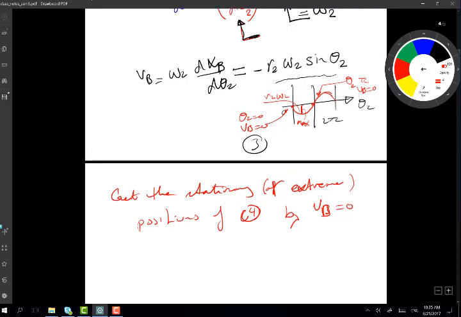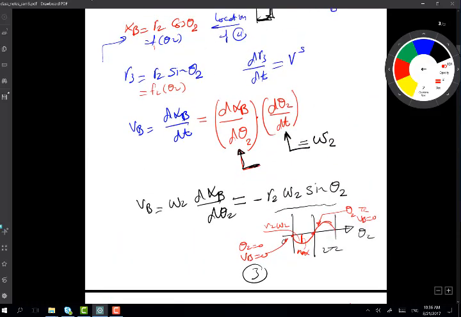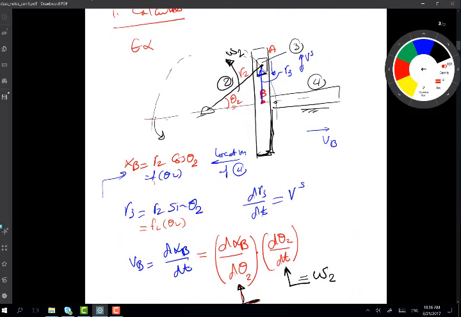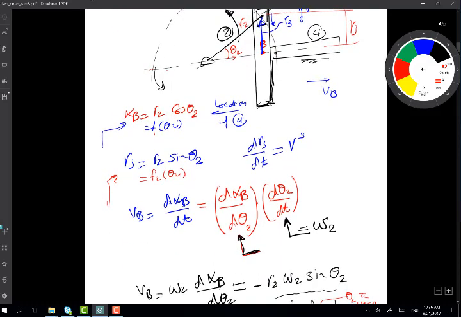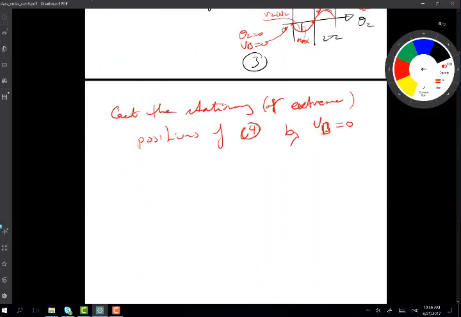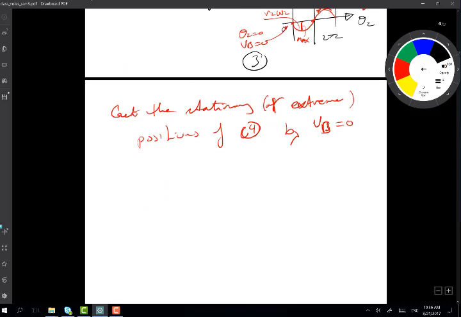That's this idea. Then also, if I wanted the sliding velocity, when I say sliding velocity, I always mean a link that's sliding on another link, other than the ground. Like I differentiate R3, which is this vertical distance here, and the expression is R3 is R2 sine theta 2.